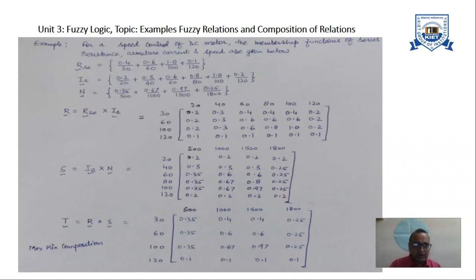With the expertise level of some of the electricians, that information has been recorded, and accordingly different fuzzy sets have been prepared. There is a fuzzy set R_SE, the series resistance. This one fuzzy set is for 30 ohm resistance; somebody is saying the membership value will be 0.4, right?